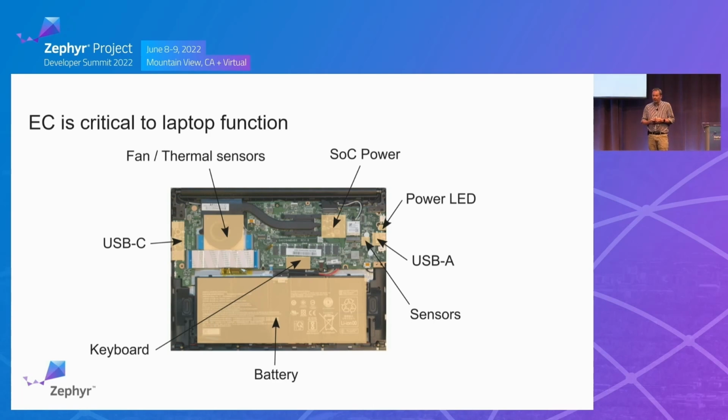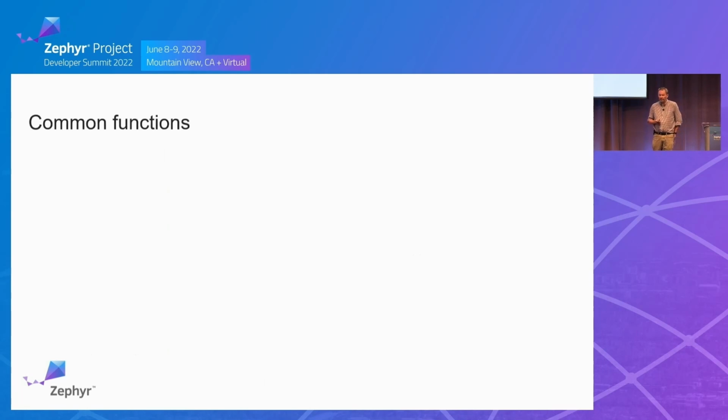This picture shows the major ones, although there are many minor ones as well. You can see that the EC is involved in just about everything the laptop does. So having a good EC implementation is very important for a successful laptop design. So let's dig into those in a little more detail.